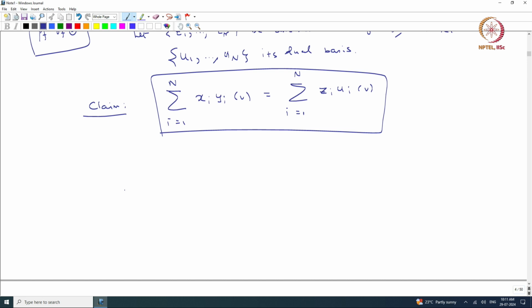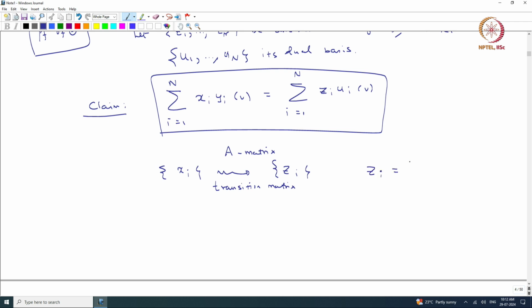Let us call this translation matrix that maps x_i to these z_i's, A. By definition, you are writing z_i's in terms of x_j's.